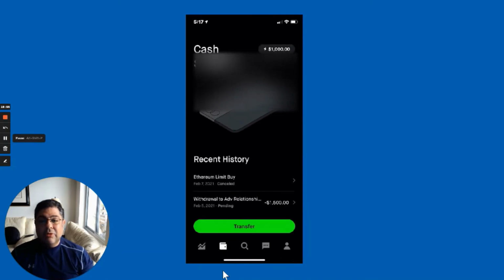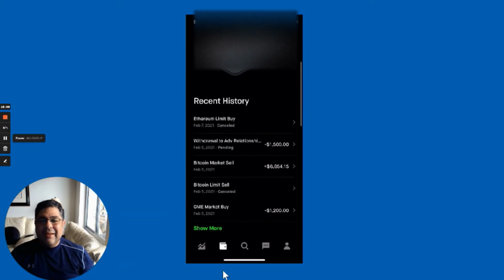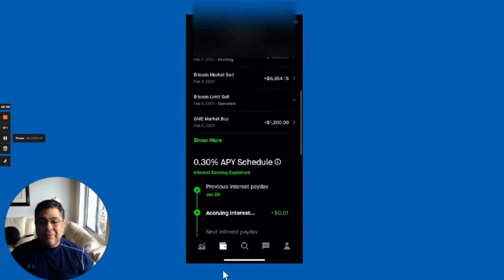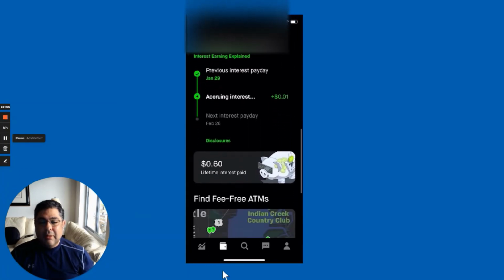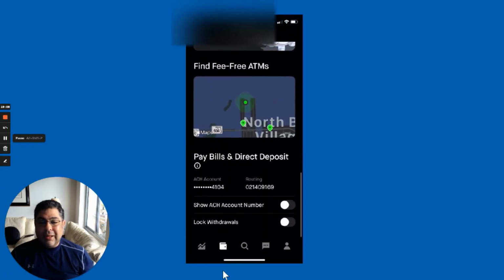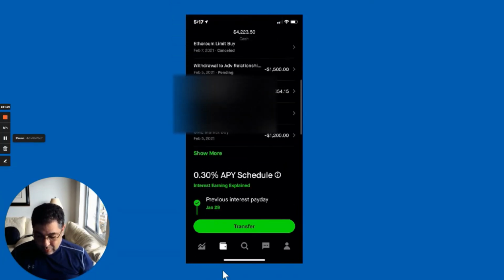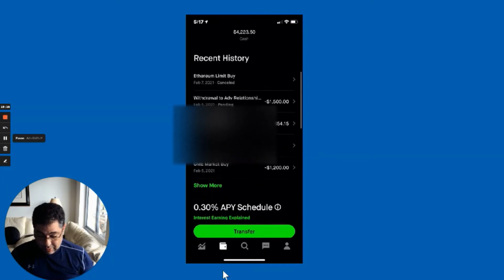Oh my god, I didn't want to show the card information anyway. And then you have the recent history, all the things that you have done, where to find ATM. So with your card, you can actually use it as an ATM. Okay, so here I use this one more for my history.